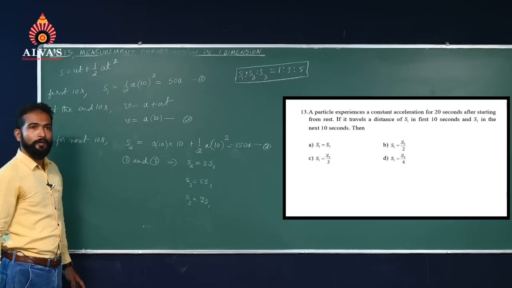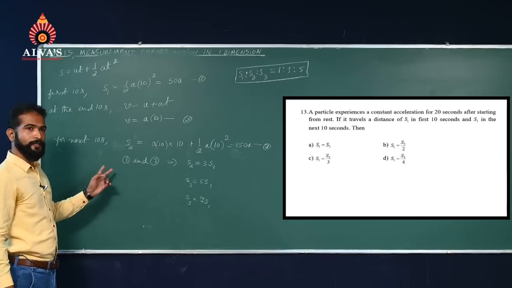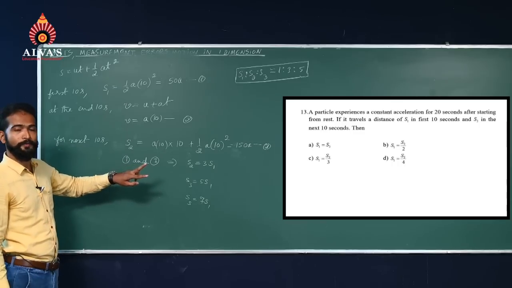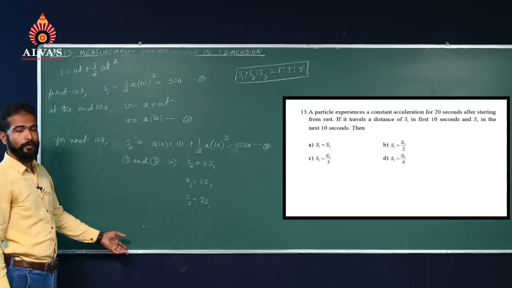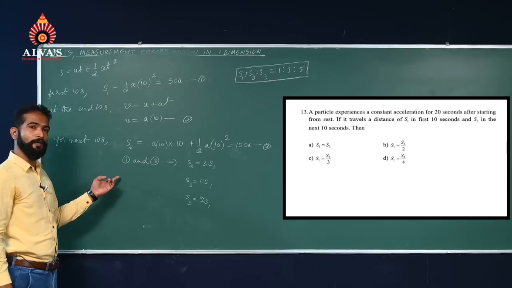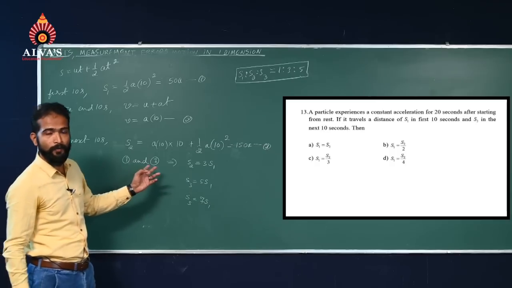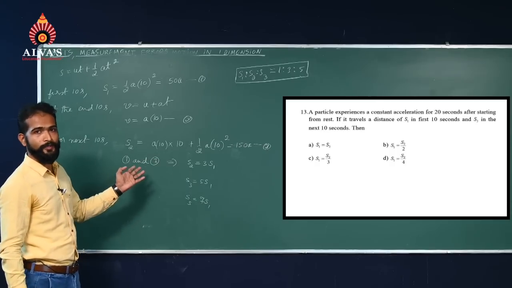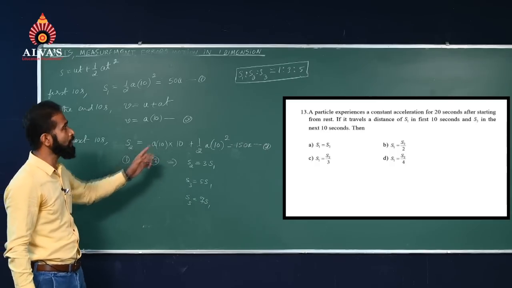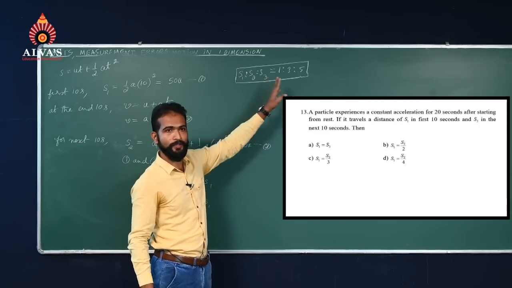So the idea behind the problem is the distance traveled in first 10 seconds and distance traveled in the next 10 seconds will always be in the ratio of 1:3, or the distance traveled in the first 2 seconds and distance traveled in the next 2 seconds will always be in the ratio 1:3, or distance traveled in first 5 seconds and distance traveled in next 5 seconds will also always be in the ratio of 1:3:5. So you can use this as a shortcut.